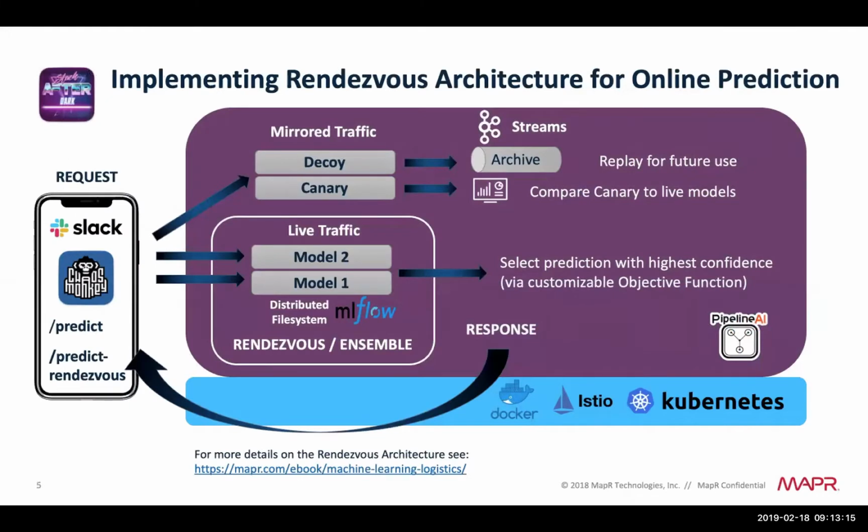Looking at the architecture for the demo, we're starting off with the Slack channel as our UI, our interface. For the online predictions, we're implementing this ensemble, which is also sometimes referred to as a rendezvous architecture. I run a predict command passing an image URL, and then it gets routed to one of the models depending on the traffic routing that is set.